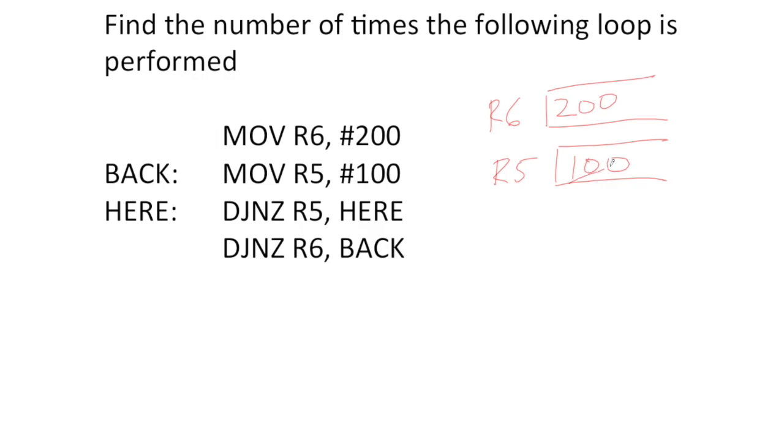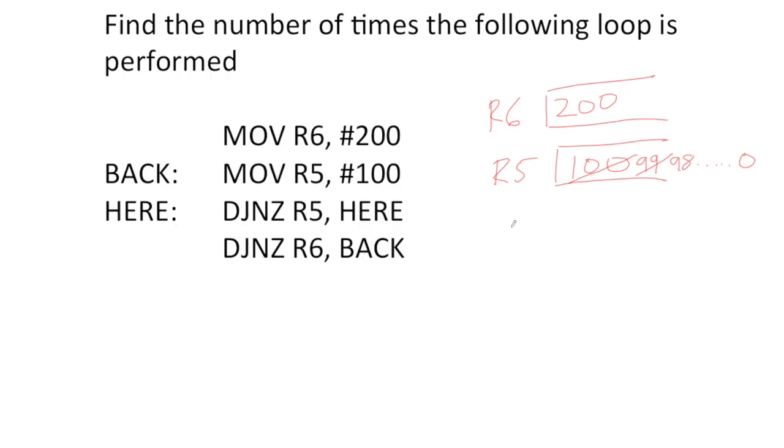So we decrement R5, this becomes 99 now, and since 99 is not equal to 0, we jump back to here. Again decrement, not equal to 0, jump back to here. So this is going to loop 100 times until it reaches 0, at which point it exits.